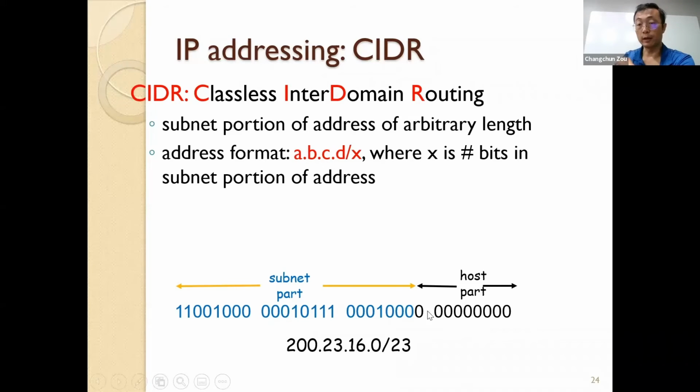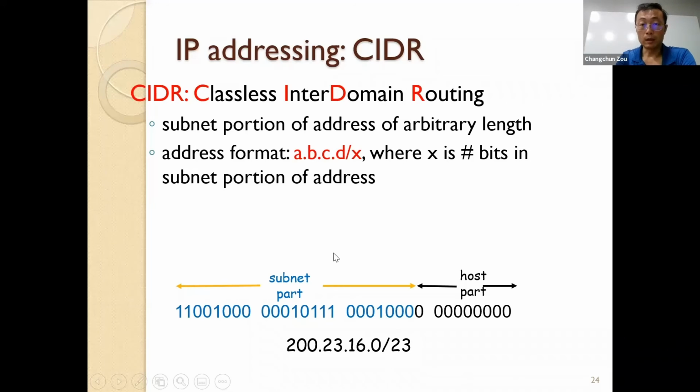What differs is the last 32 minus x bits. That means if x is bigger, then the subnet is smaller. If x is smaller, the subnet is bigger.